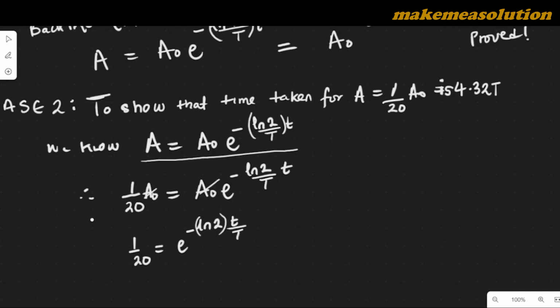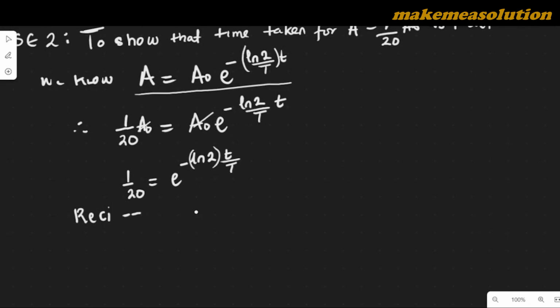Are we together? When you take the reciprocal of both sides, on the left hand side you get 20, and on the right hand side you get exponential ln 2 then multiplied by what? t over T. Is that okay?